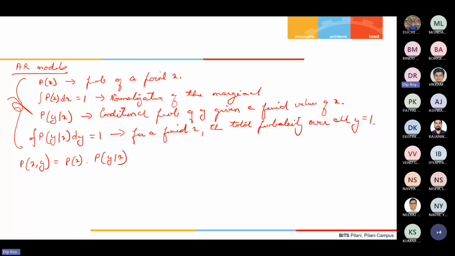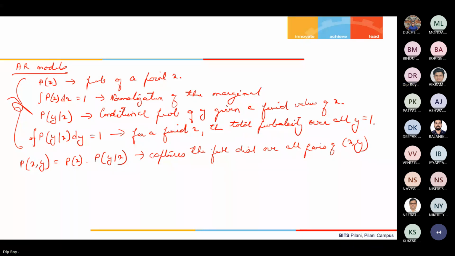This is how the joint probability is given: prior into conditional. This captures the full distribution over all pairs of x and y, right?